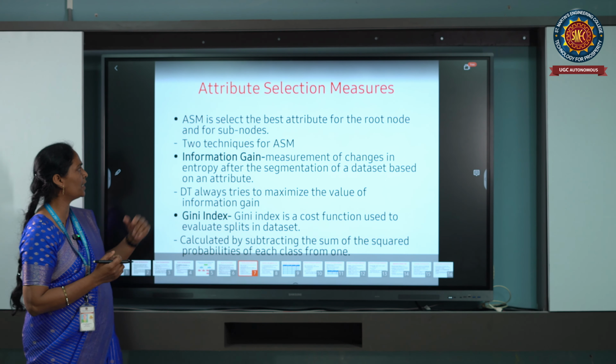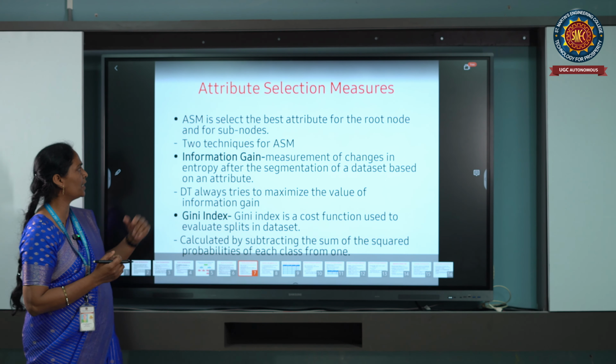It is calculated by subtracting the sum of the squared probabilities of each class from one. So it squares the probabilities of each class. These are the 2 factors we are going to use in the attribute selection measure.